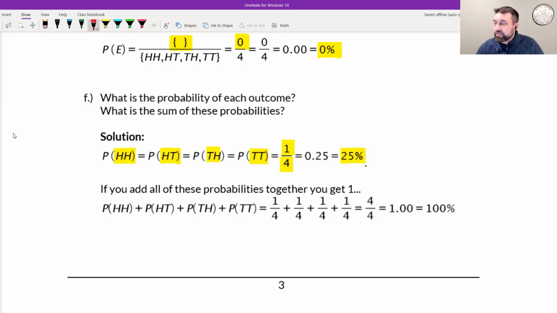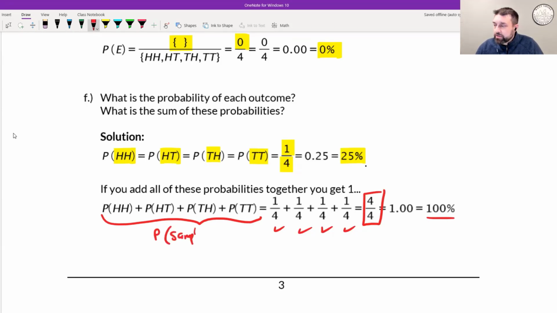If you were to take all of these and add them up, it's 1/4 plus 1/4 plus 1/4 plus 1/4, which is 4/4, which is 100%. So if you add up all of the outcomes, this basically is the probability of the entire sample set, you will get 100% if you add them all up.